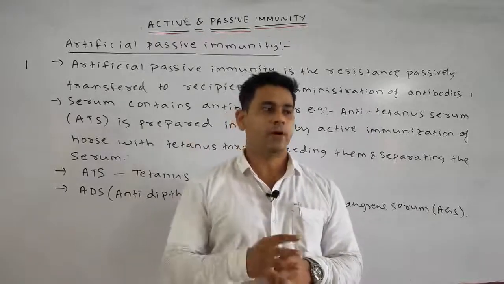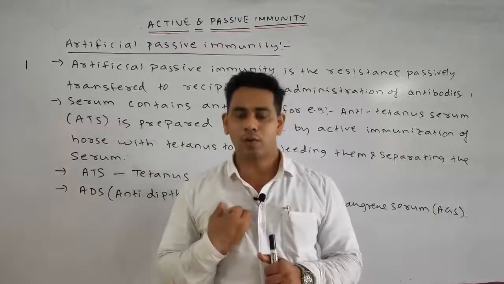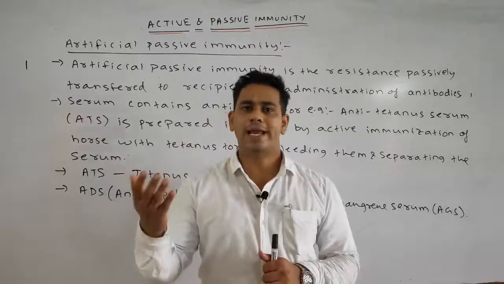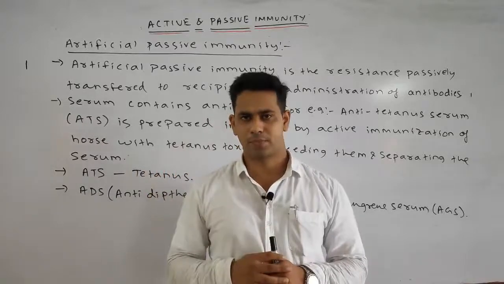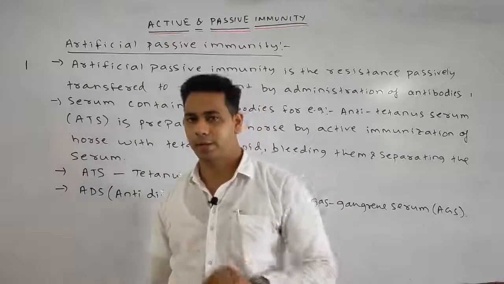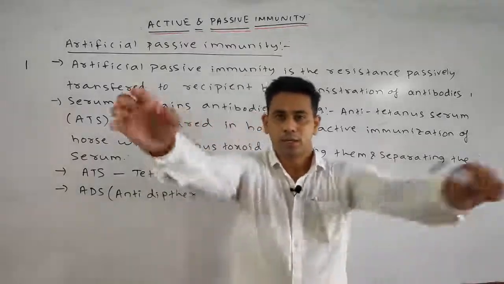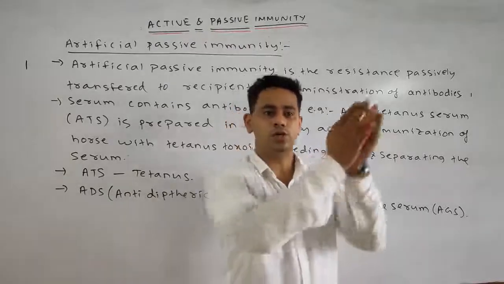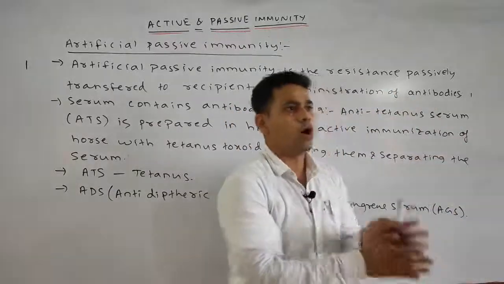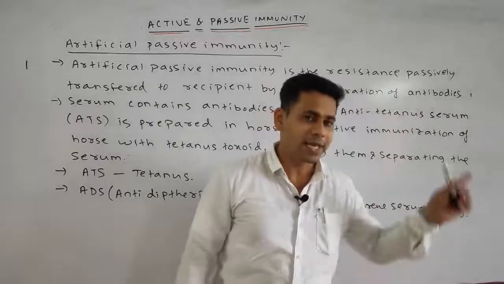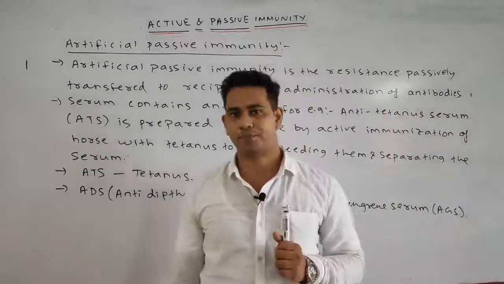Suppose an antibody is required for a human being to fight against a particular pathogen, and that person is unable to form that antibody. So what will we do? We will artificially introduce the pathogen into an organism or a particular animal that we know can produce the antibody.